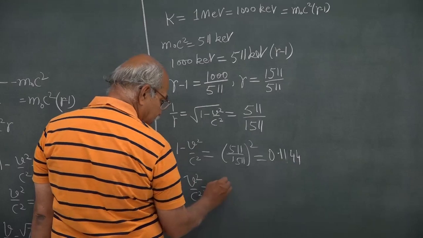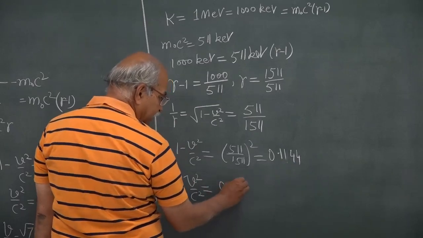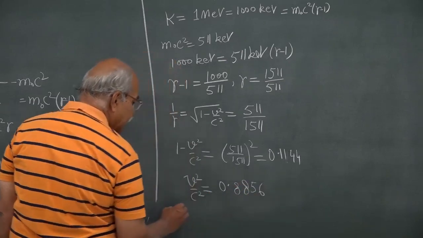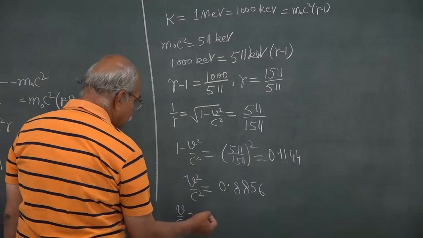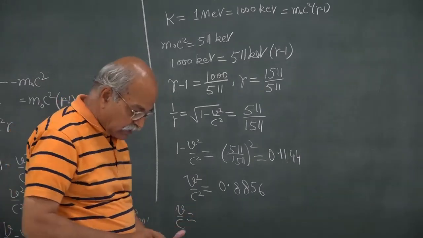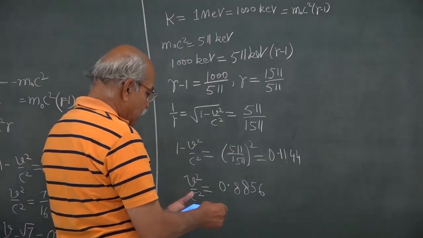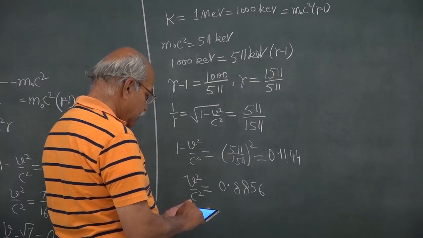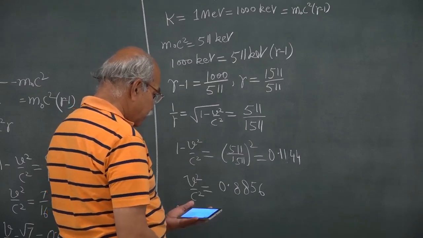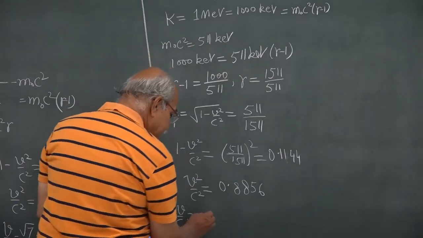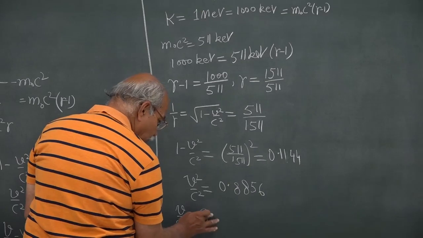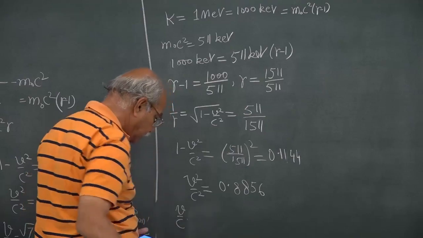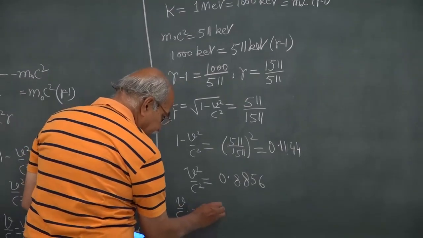So that is 1 minus v square by c square, and therefore v square by c square is 1 minus this quantity. So it will be 0.8856. So you can write v by c as the square root of this, square root of 0.8856, and that is like 0.941, about 0.94.